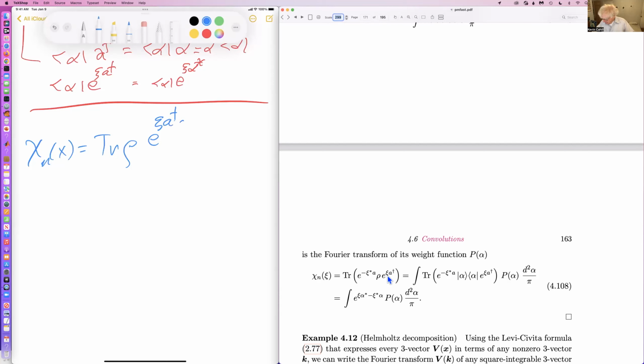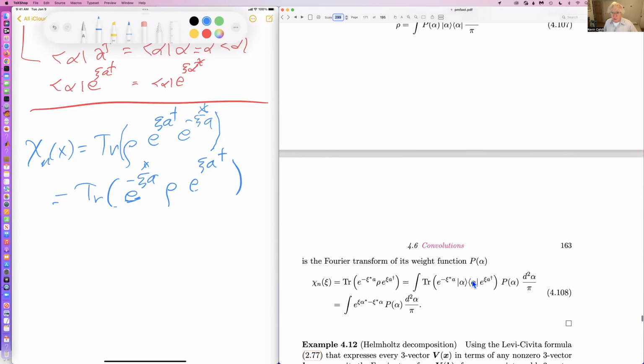Hold on, let me fix that. e to the minus c star a. And now if you remember that the trace is cyclic, you can write this as the trace of e to the minus c star a, rho e to the c a dagger.